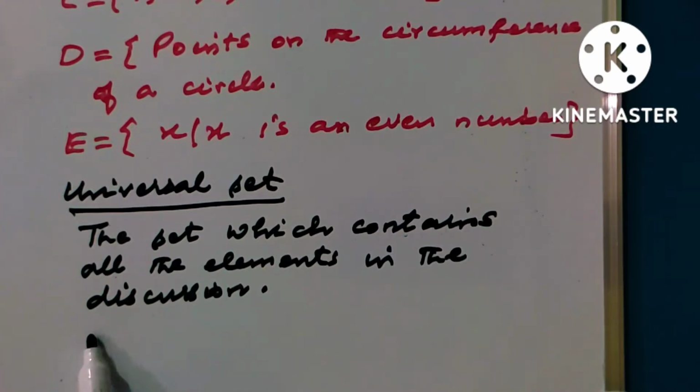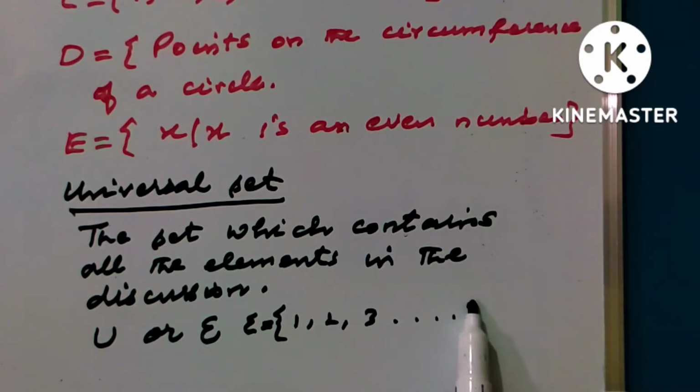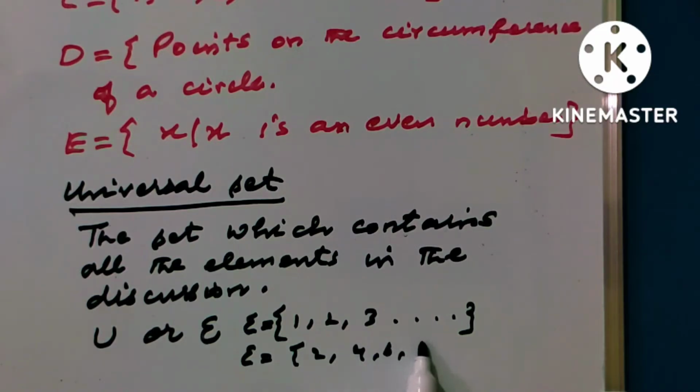Mathematically, it is denoted by U or with E. For example, universal set can be 1, 2, 3 up till so on, or it can be set of even numbers, or any other set whose elements are under discussion.